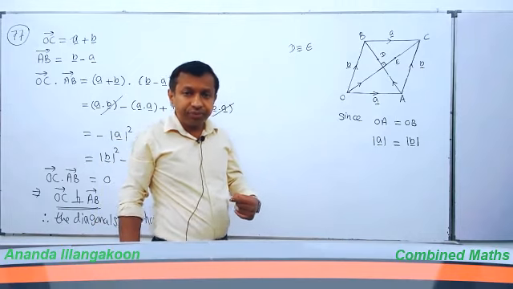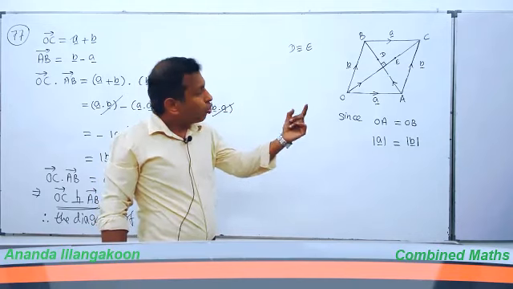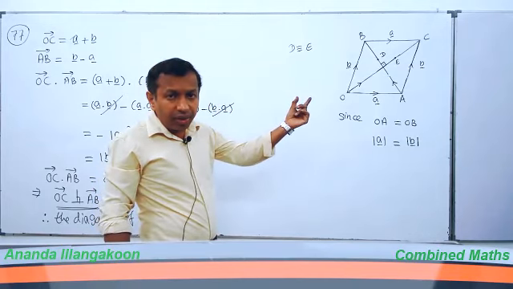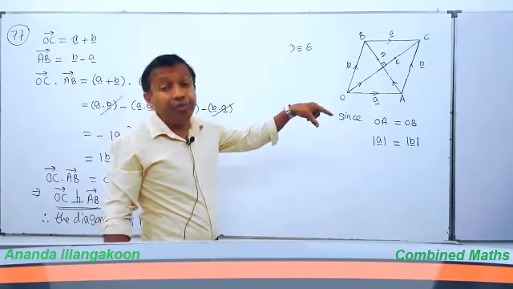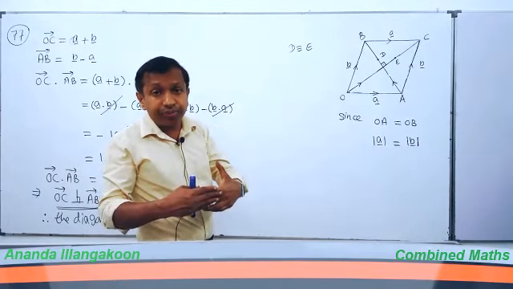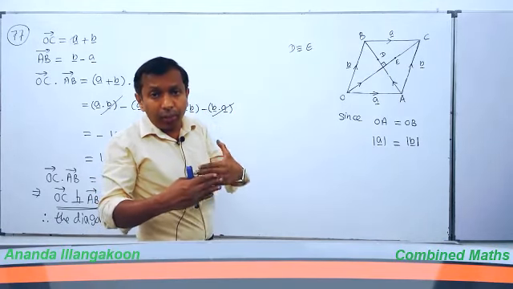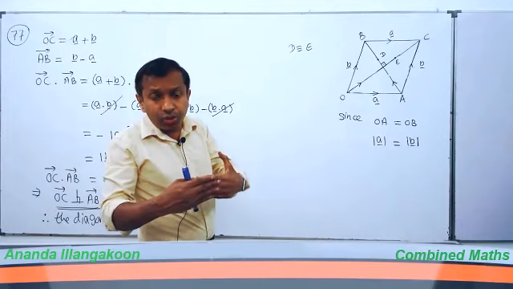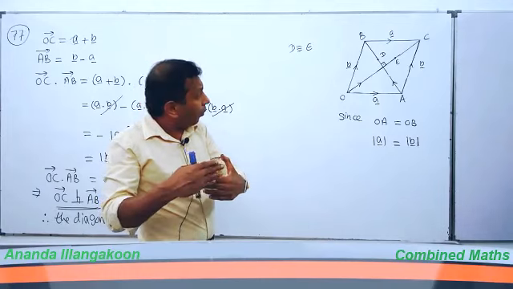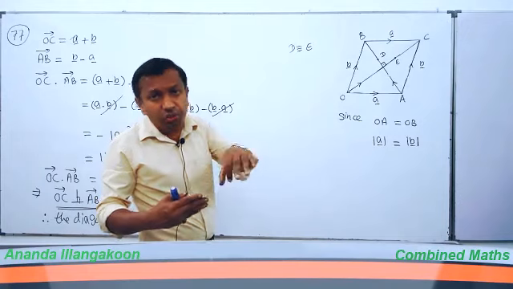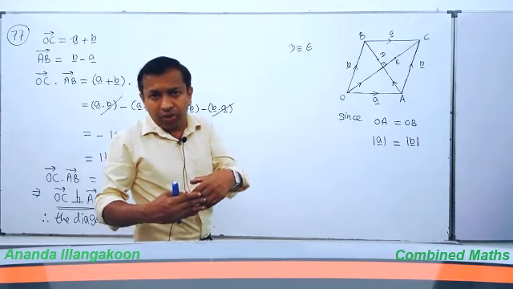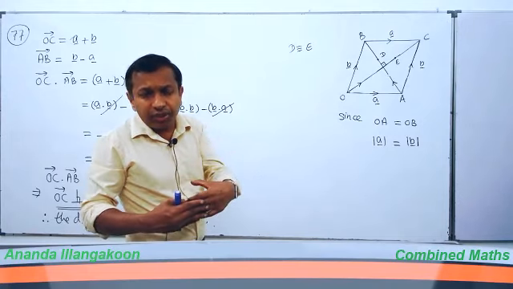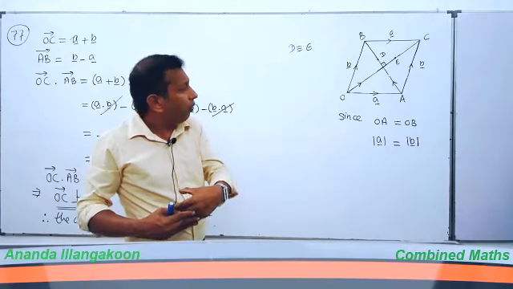That D should be on AB and OC. Why, people? D and E coincide, no? Then the point D should be on OC also, because E is on OC, no? D and E coincide means D should come to what? OC.